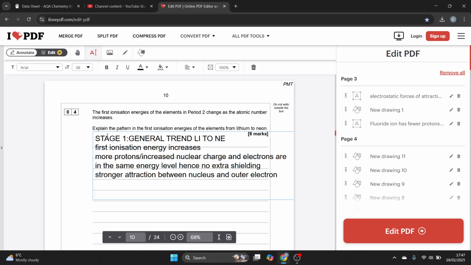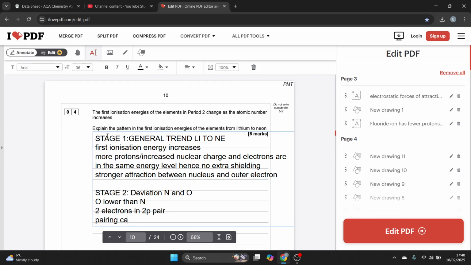Then what I need to do is probably the most important part. It's the hardest part because general trend, you need to know the trends, obviously. First ionization energy increases, more protons, increased nuclear charge, electrons on the same energy level, therefore no extra shielding or similar shielding, strong attraction between nucleus and outer electron. But then stage 2, you need to look for deviations. So one of them is nitrogen and oxygen. Oxygen is lower than nitrogen, the first ionization energy, because the two electrons in 2p pair.